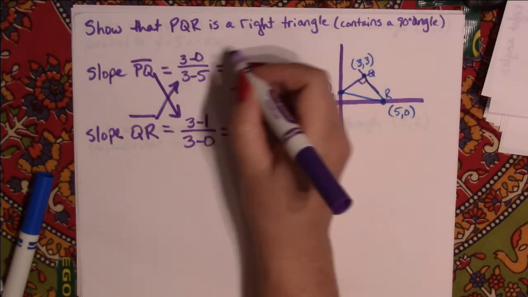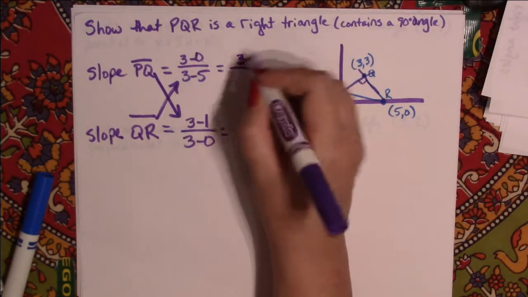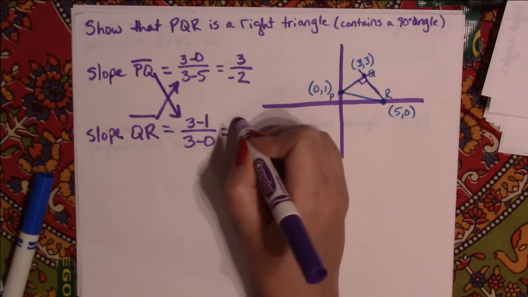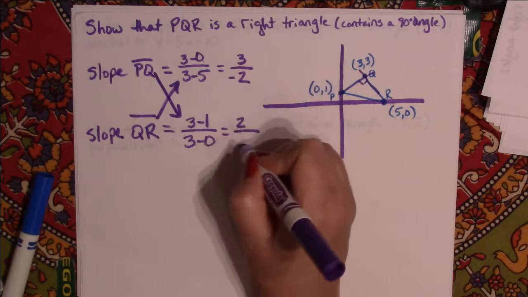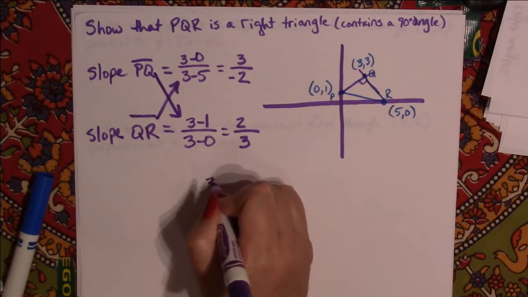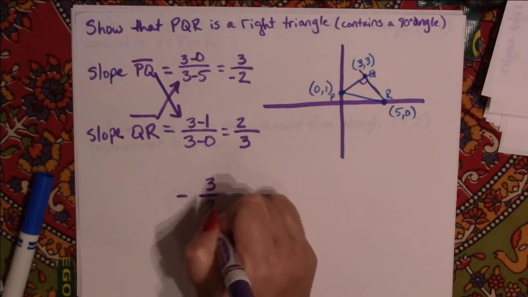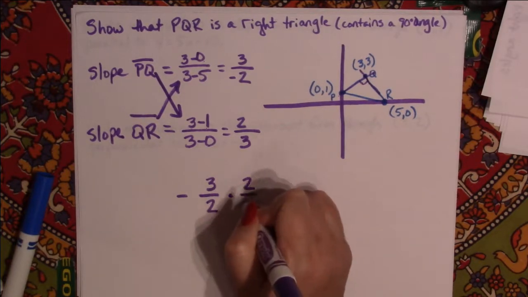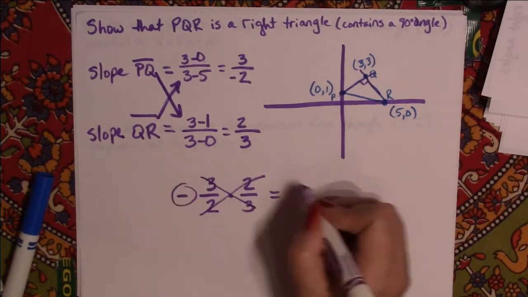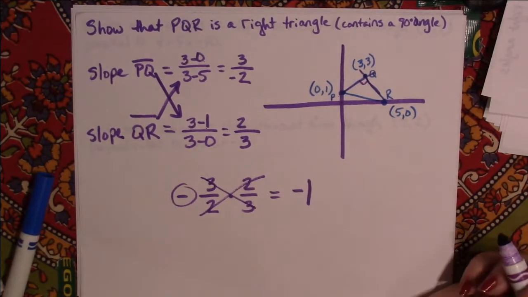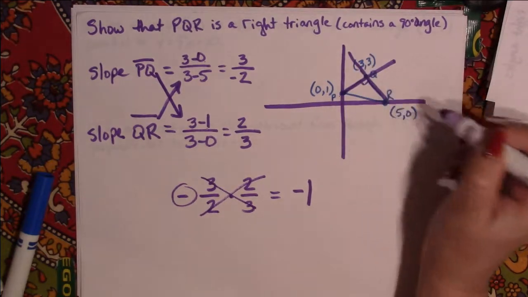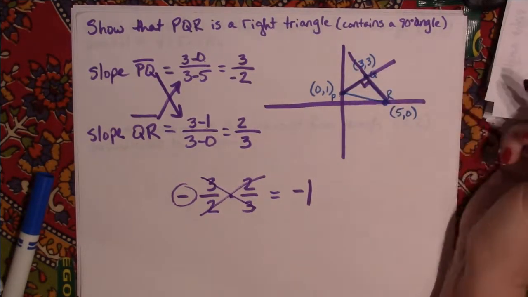So 3 minus 0 is 3, 3 minus 5 is negative 2, 3 minus 1 is 2, 3 minus 0 is 3. And when we look at these slopes, negative 3 over 2 times 2 over 3, those two cancel and those two cancel, and I'm just left with that negative 1. So this line and this line form a right angle.